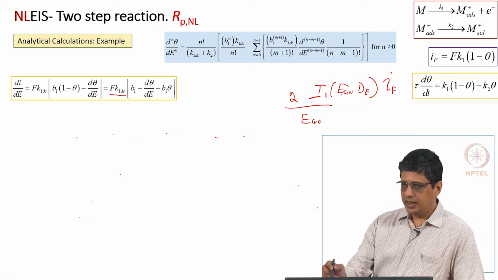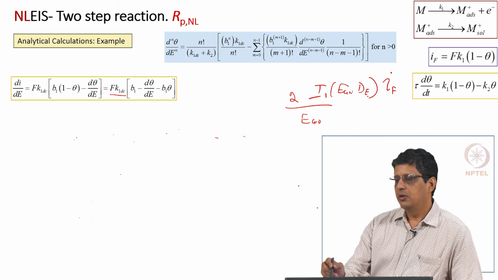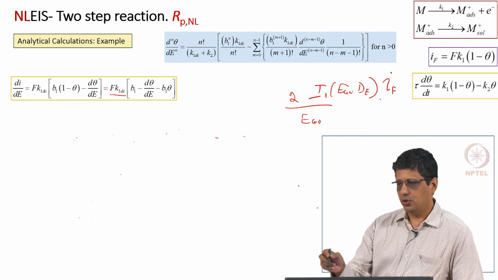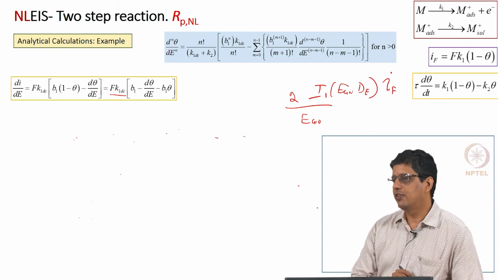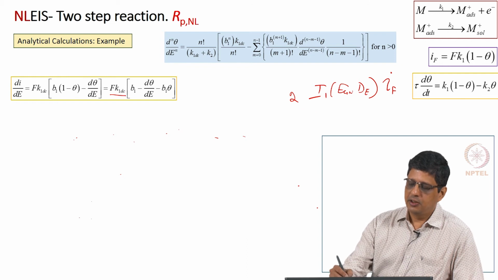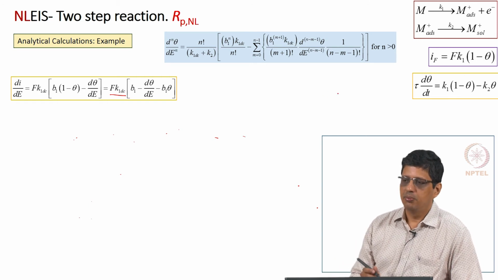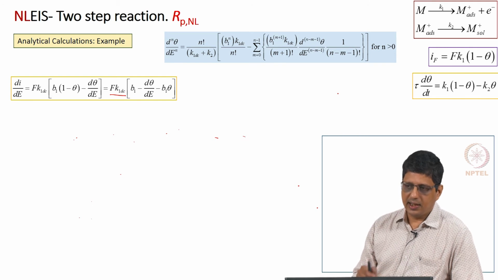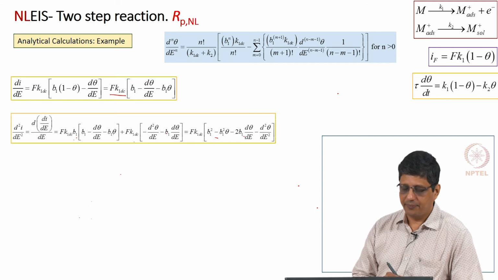So, in order to calculate this, we need to be able to take the derivative first order, second order, third order and so on, and in order to calculate those derivatives, we need to be able to take the derivative of theta with respect to potential. Once you have analytical expression for this, for any given EAC 0, we can substitute in that formula, and it does match with the polarization resistance that you would get by solving the ODE and calculating the impedance, what we had done before for the nonlinear impedance.